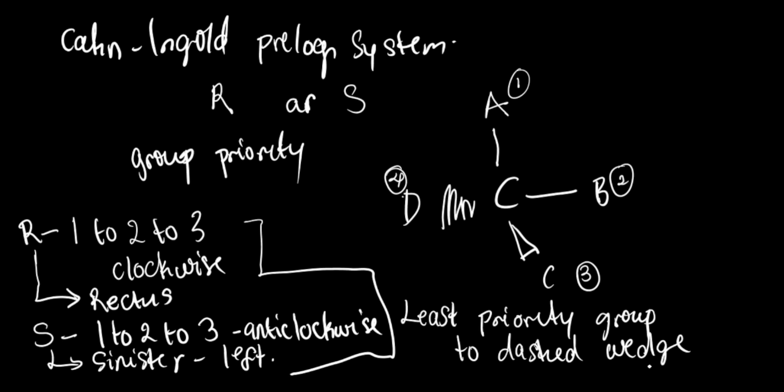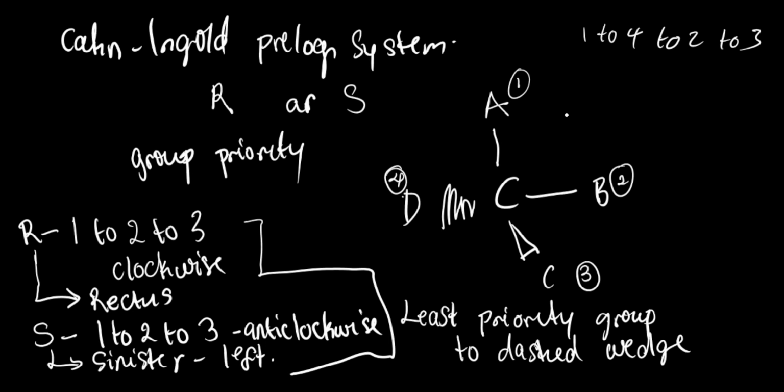Now in this example given here on the screen, we can see that our least priority group is a D, and D is attached to a dashed wedge. So we can go on with this condition. Now let's move from 1 to 2 to 3. If it so happens that we have to move from 1 to 4 to 2 to 3, we simply assume that 4 doesn't exist.